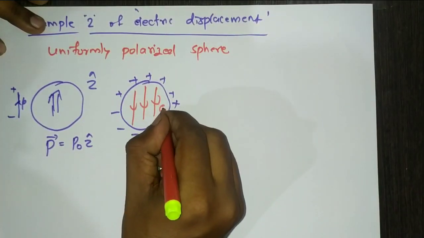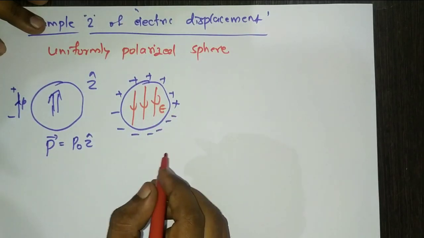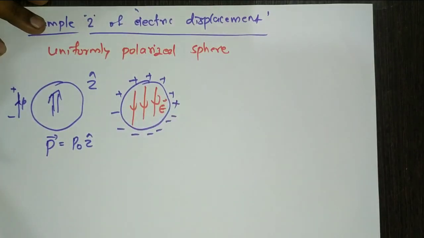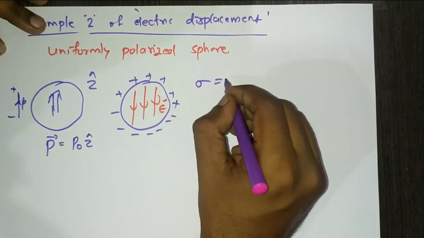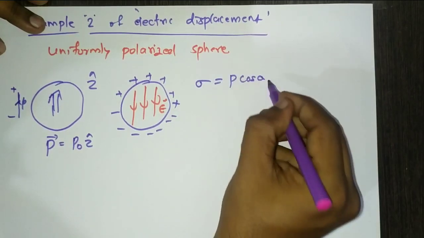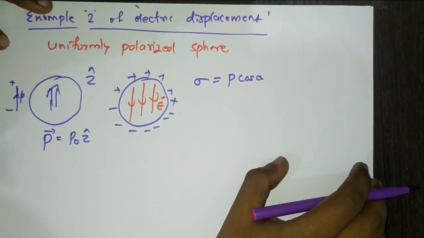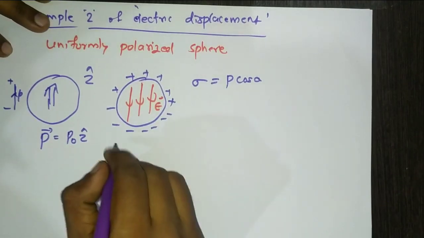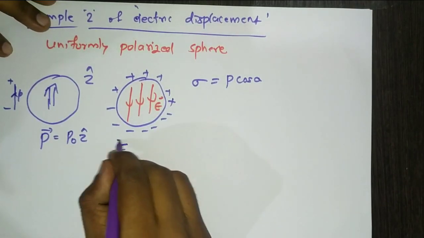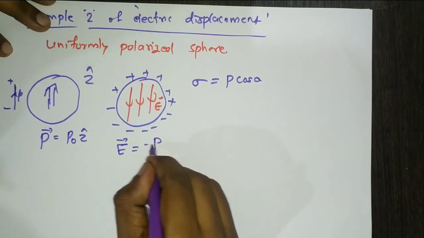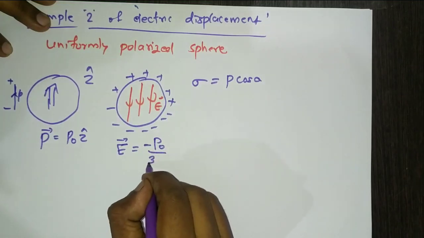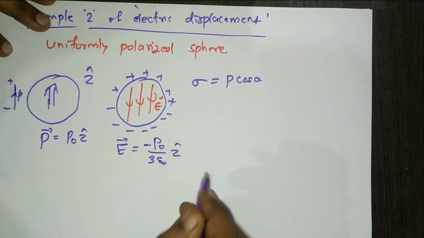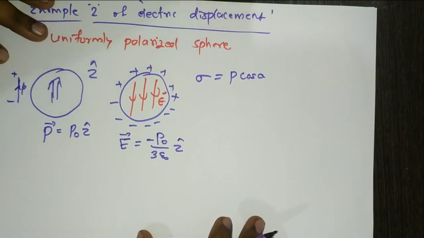This is the direction of the electric field. The surface charge density because of the polarization is P cos theta. Everything we have already discussed. The electric field inside, we have derived this relation, is minus P0 divided by 3 epsilon 0 z cap.